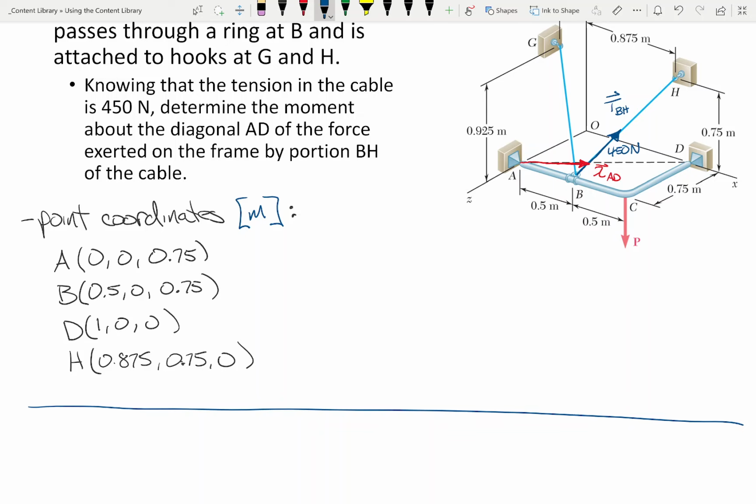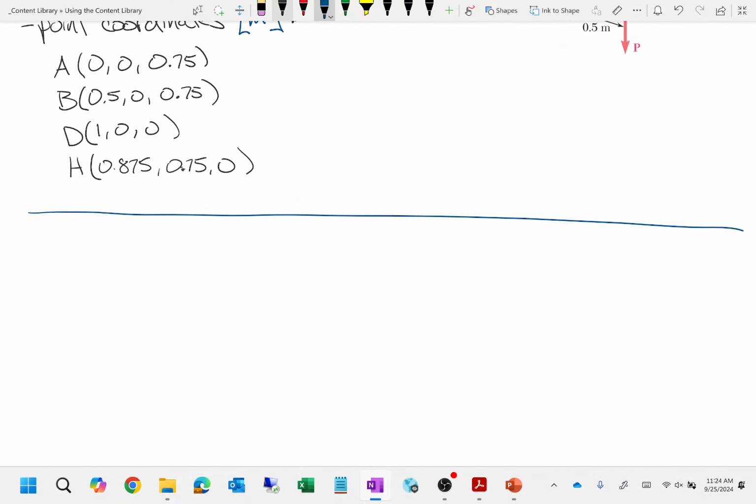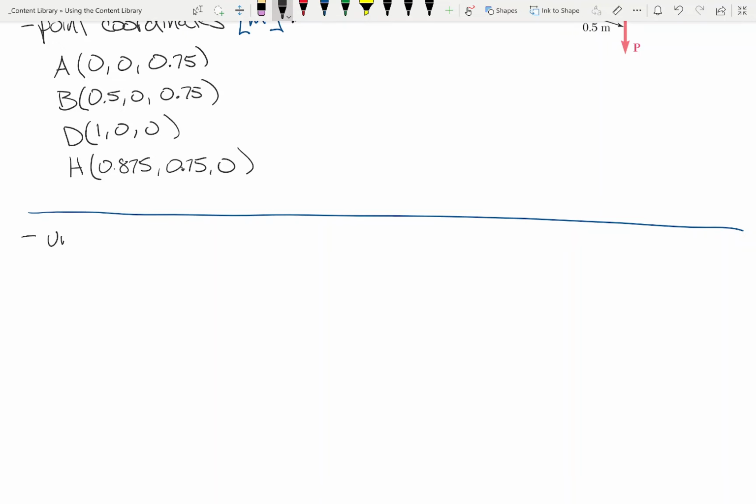So to get lambda AD, we're going to take AD divided by the magnitude of AD. That's our method.